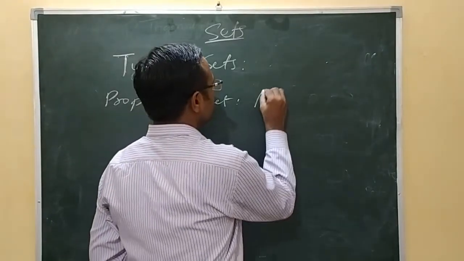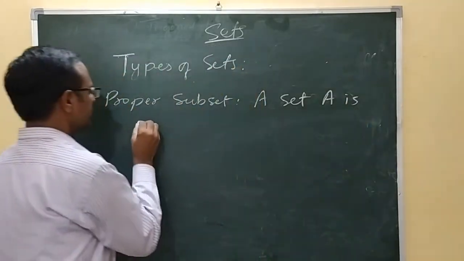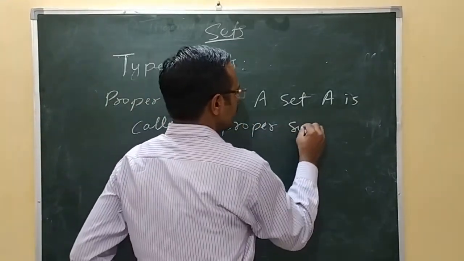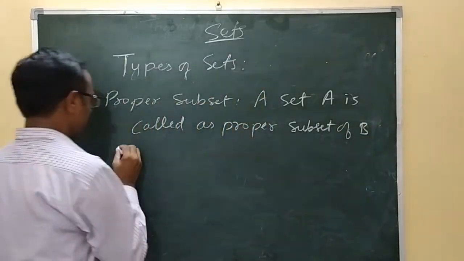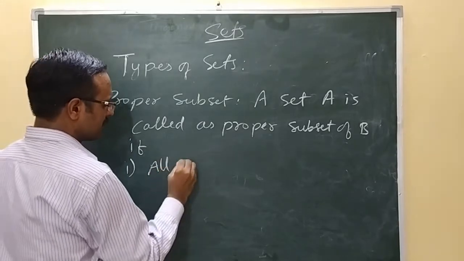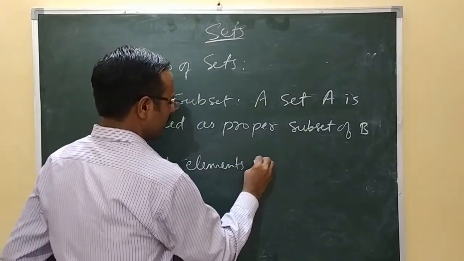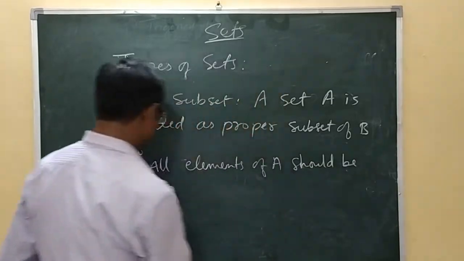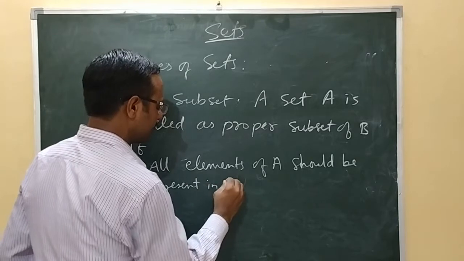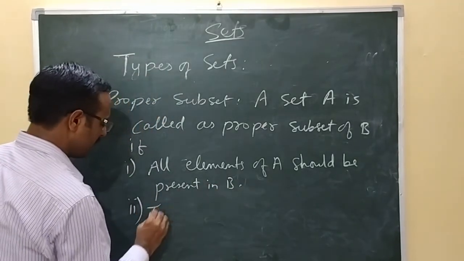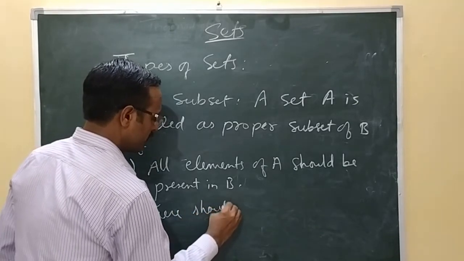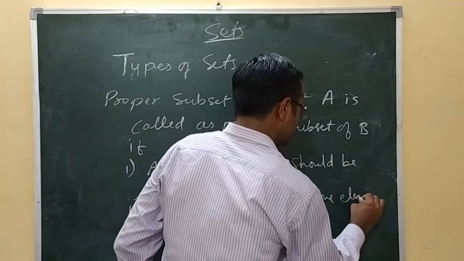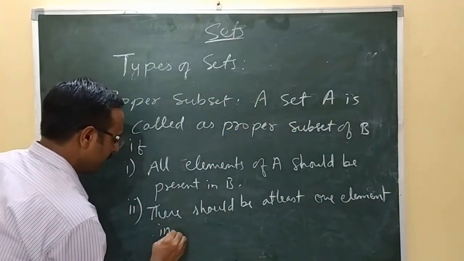So a set A is called a proper subset of B if first all elements of A should be present in B. There should be at least one element in B, that is the superset.